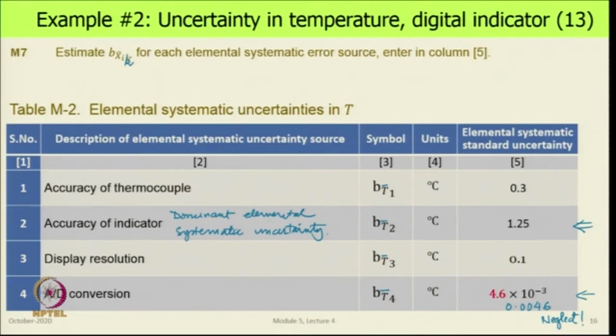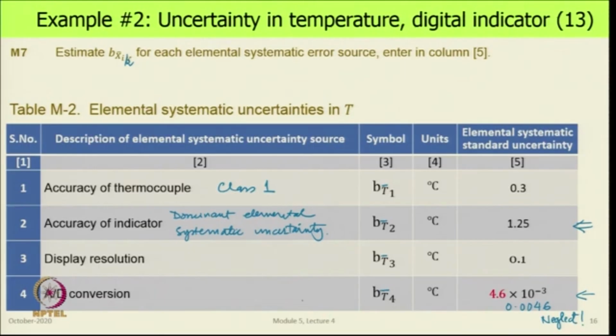So, it helps us in a way that if we want to make the uncertainty less in the measurement, well, do not worry about thermocouple, it looks good shape, we picked up the right thing. We remember we picked up class 1. If we had picked up class 2, this number would have been bigger. And then we said indicator, we should get a better one.